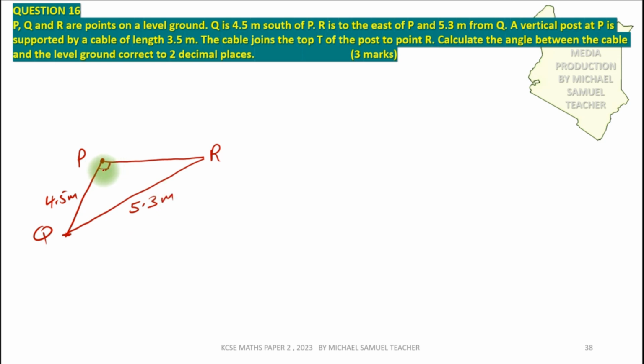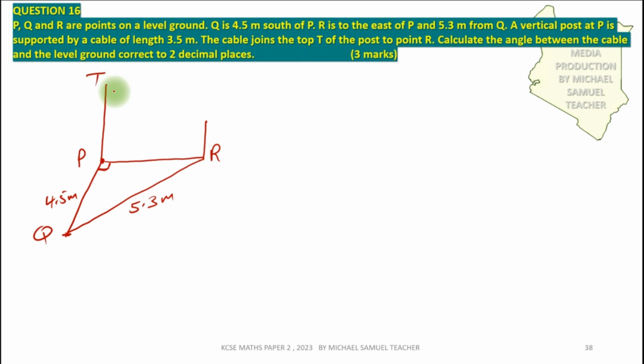Then the other thing is a vertical post at P. We draw a vertical post at P supported by a cable of length 3.5 meters. The cable joins the top T of the post to R. So also at R is another post.